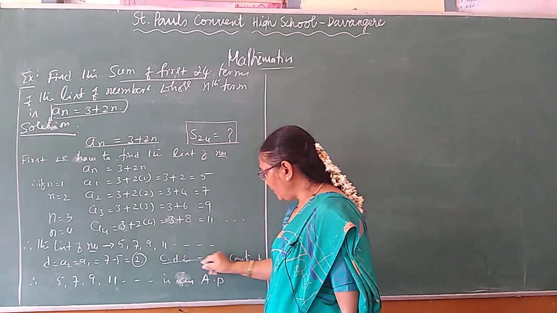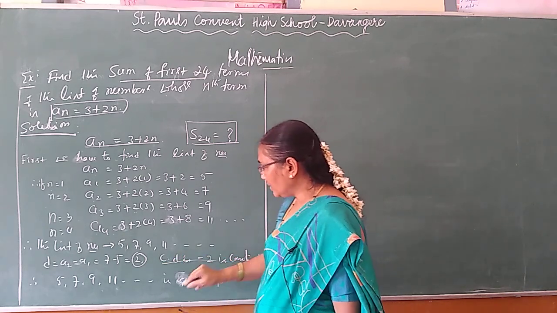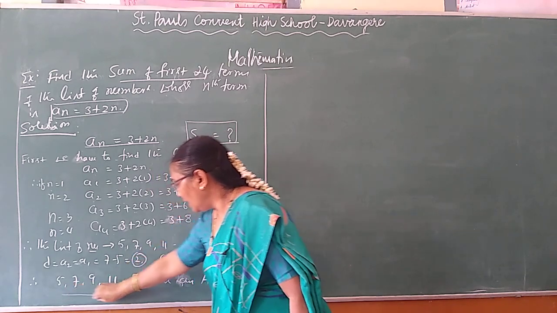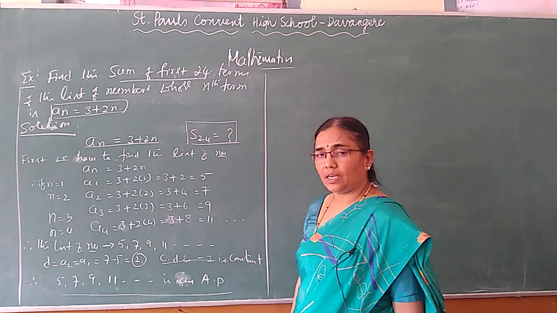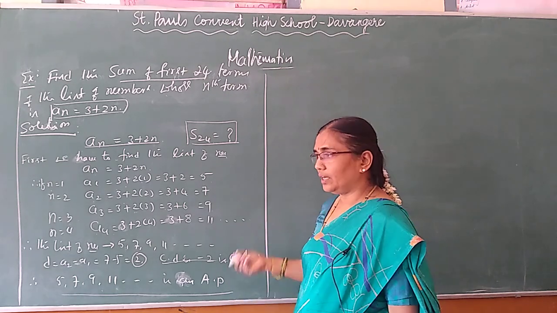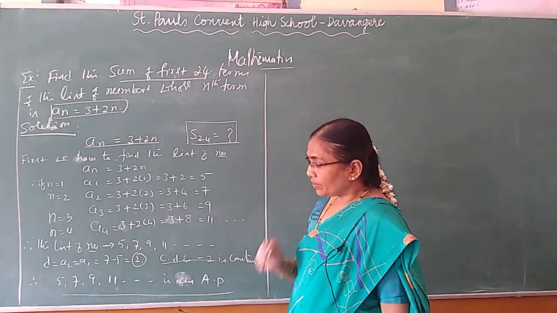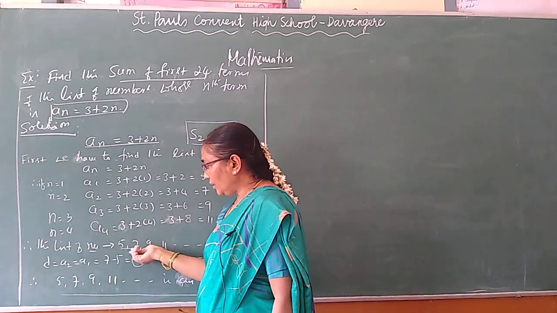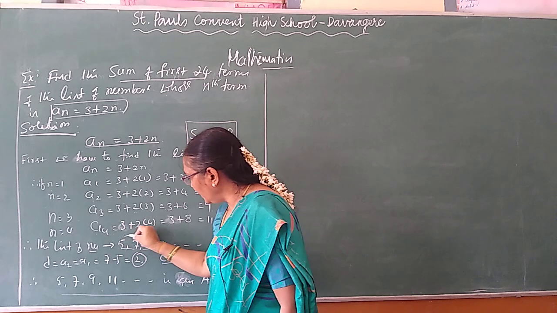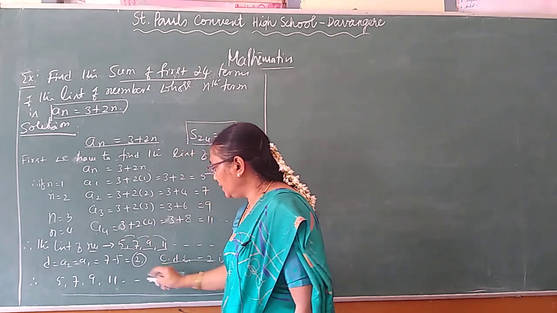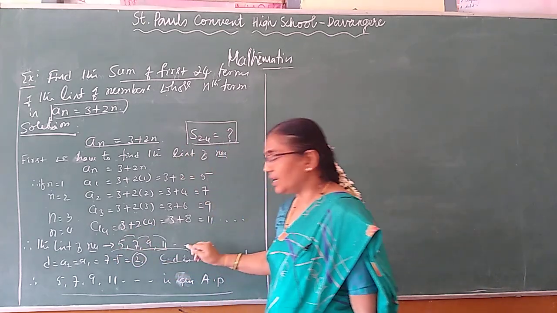When the common difference is constant, then you can consider it is an AP. We know how to verify whether it is an AP or not. In the last class, we learned so many problems. For that, what we did? We took the common difference between the numbers. If the common difference is constant, then we say that the list of numbers is an AP.